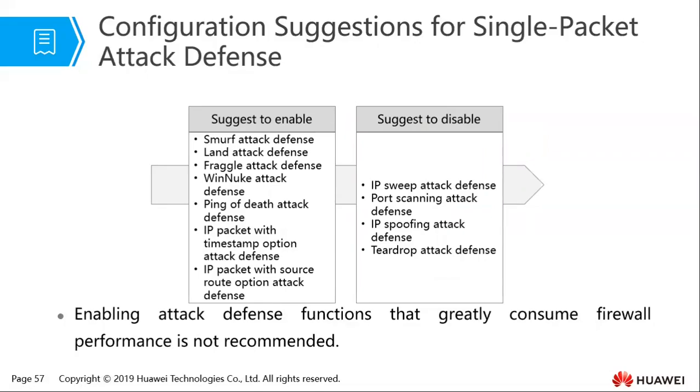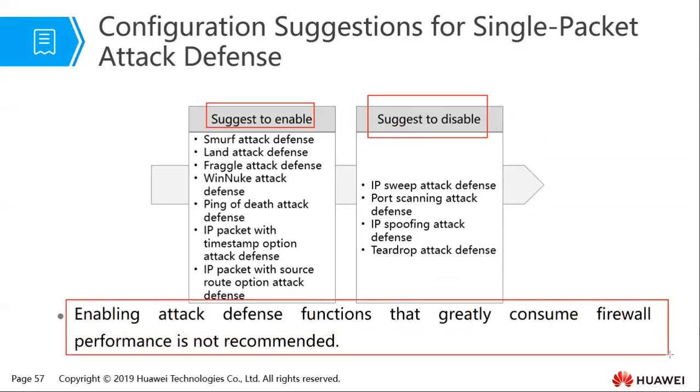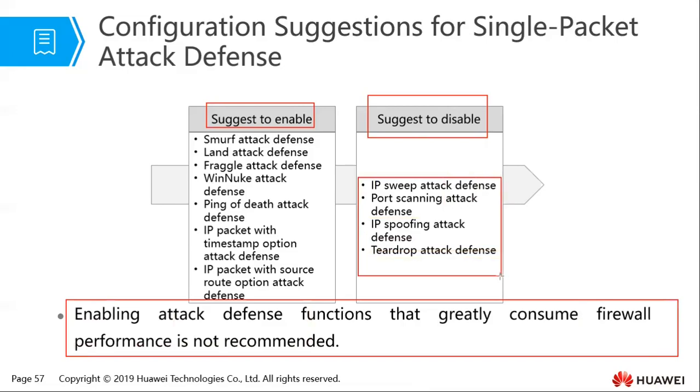Now, configuration suggestions for single packet attack defense. They suggest that we enable the following features to prevent single packet attacks, and we disable the following. The reason is that enabling attack defense functions that greatly consume firewall performance is not recommended. If we enable all of them, our firewall is going to be overwhelmed, and it's going to create a bottleneck in our network.